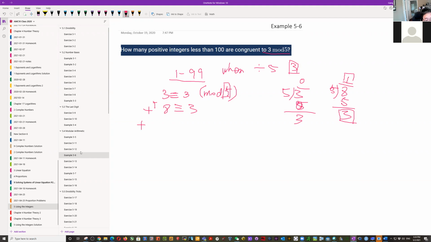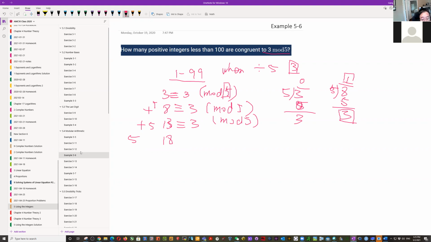Keep adding 5, so 13 is congruent to 3 mod 5, and then 18. When you make this observation, you know that for every gap of 5, you get a number congruent to 3.